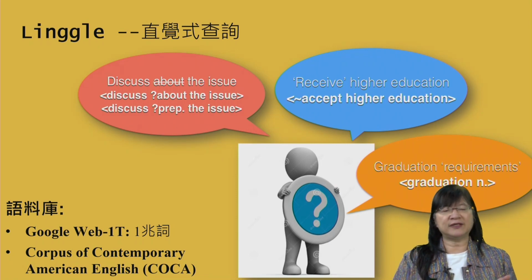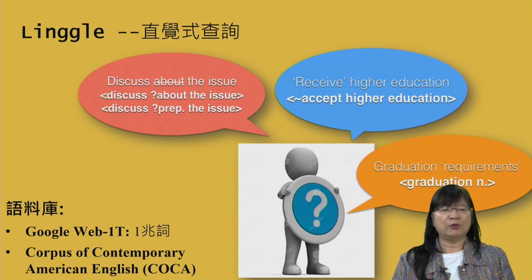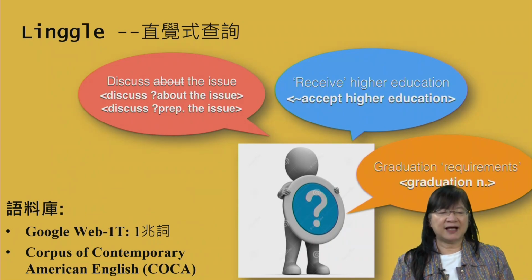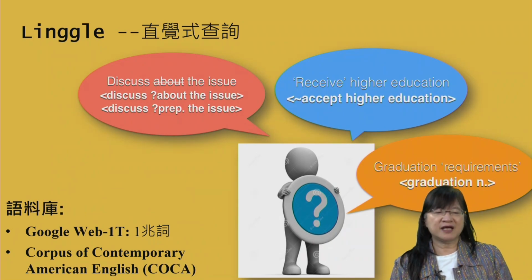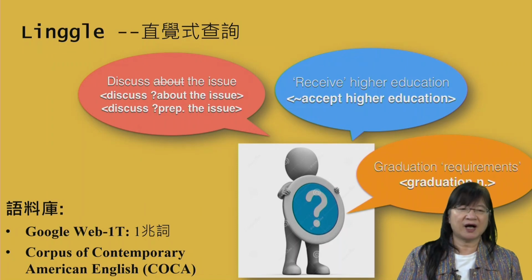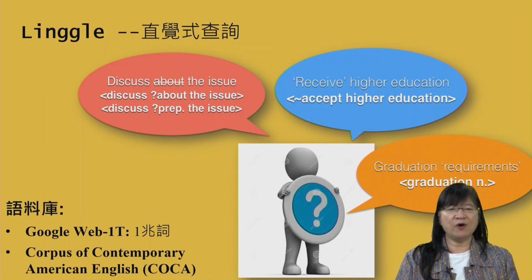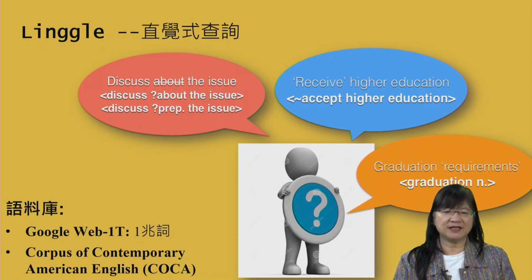So Lingual, they collect the language data. Well, it's about 1T for that, and they collect the Corpus of Contemporary American English, COCA. And then in Taiwan, they choose that from 联合报, all right, or some resources in Chinese.